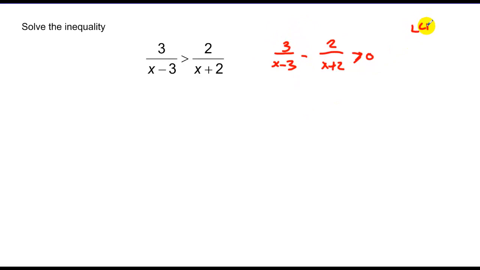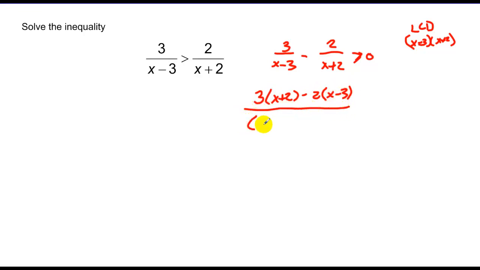I have an LCD in this case of x minus 3 and x plus 2. So this is 3 times x plus 2 minus 2 times x minus 3, over x minus 3 times x plus 2, greater than 0.